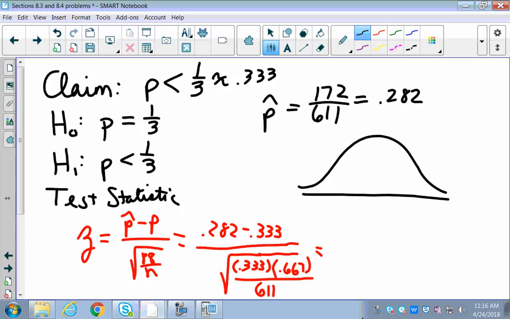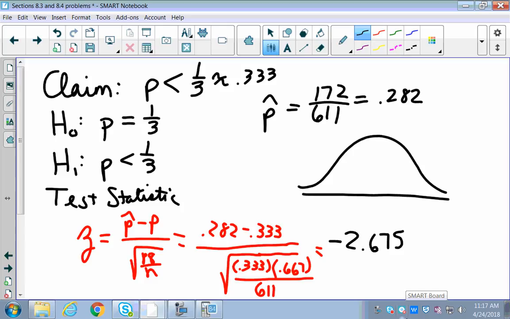You shouldn't be putting these there. It'll be confusing you. It's going to be negative 2.675. Anybody agree? Okay, good. So that's my Z score.